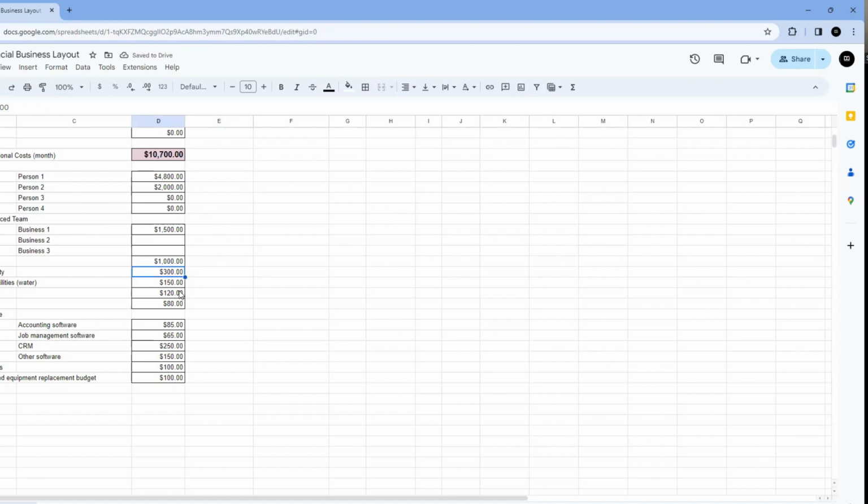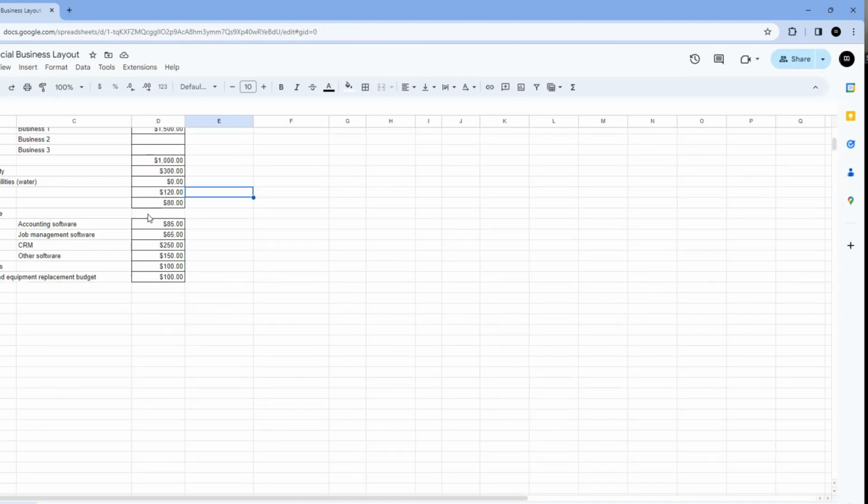Monthly for electricity, $300. Other utilities, if it's a co-workspace, you may not have any. Generally co-workspace, we'll leave electricity in there just for fun. Phone, $120, internet, $80. This is a month. Accounting software, job management software, CRM. Now, potentially your job management software and your CRM, if you're running this pen business, you may not need a job management software.